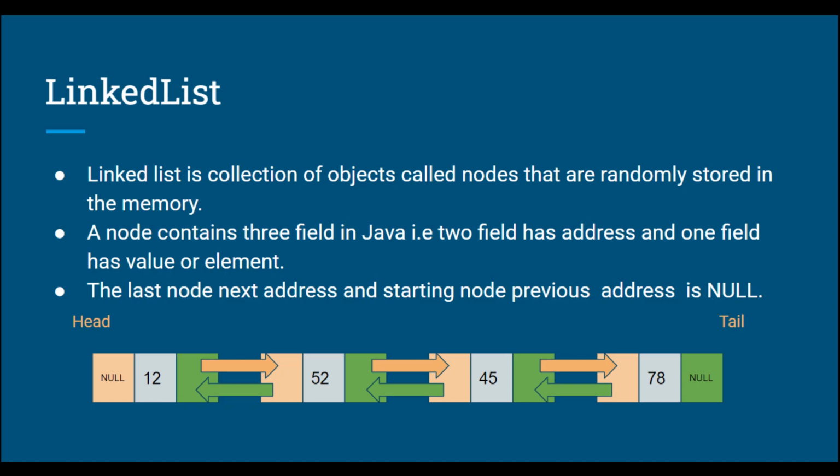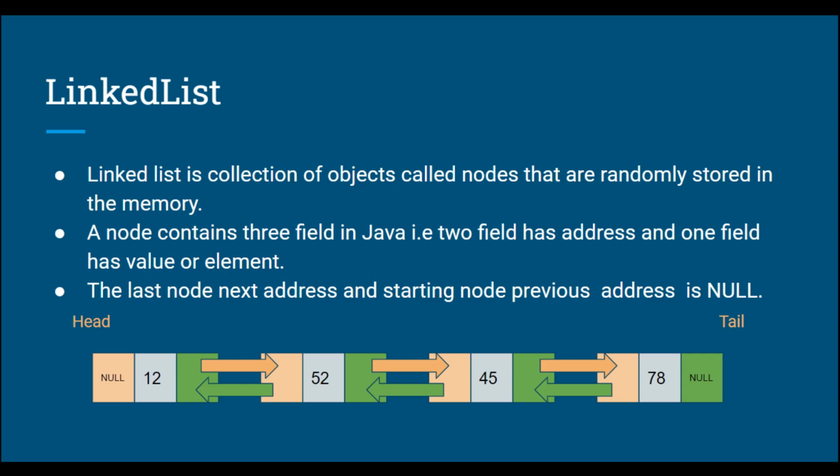And if you see the first node and last node, the previous value of the first node is null, and the last node's next address is null. So in the linked list, the first node's previous value is null and the last node's next value is null. This is the representation of the linked list.